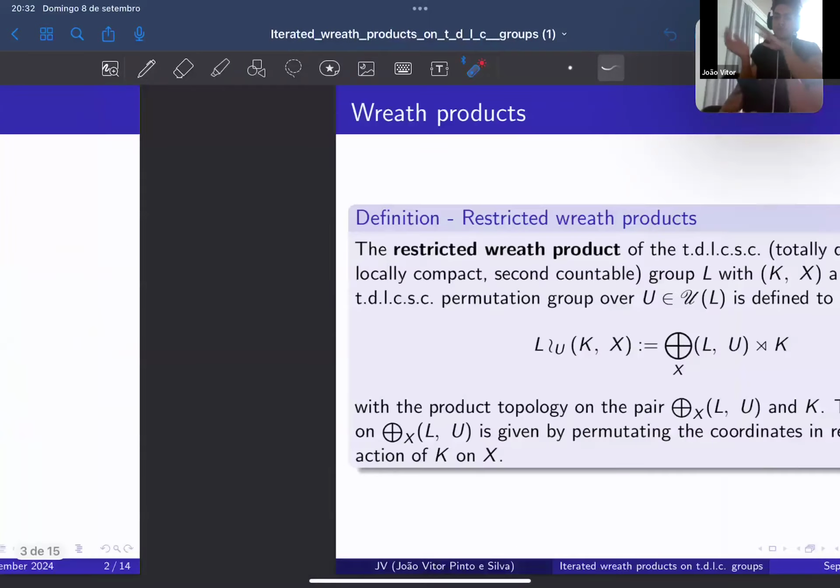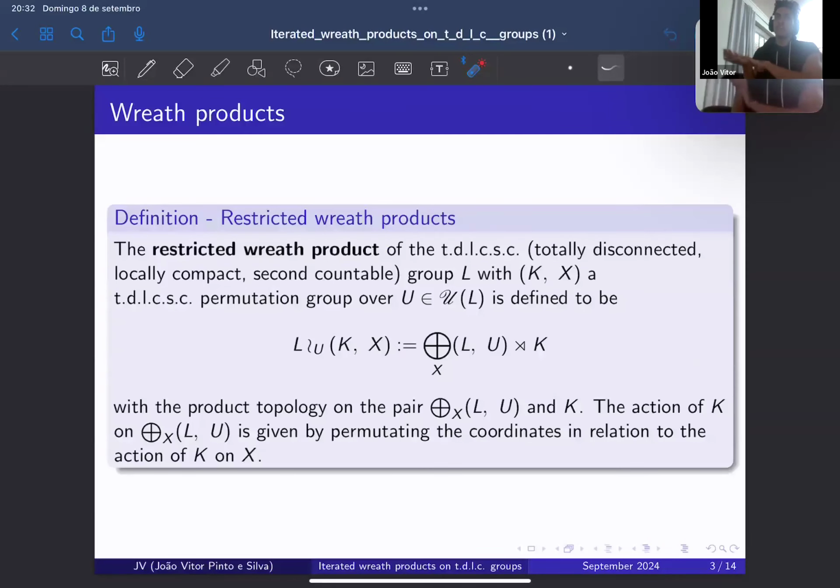First of all, like I said, I'm defining the wreath product for t.d.l.c. groups, but for discrete groups you don't change that much. We consider the restricted wreath products of t.d.l.c.sc groups: totally disconnected, locally compact, and second countable, which means it has the cardinality of the real numbers or less.